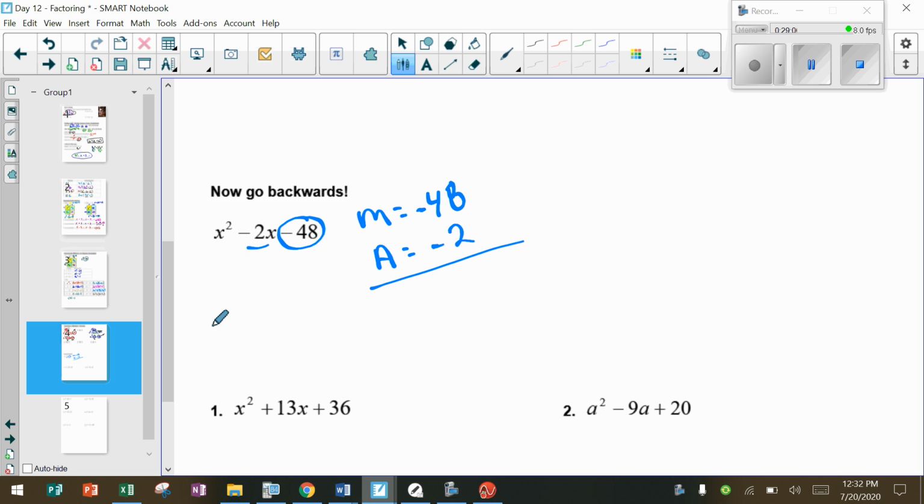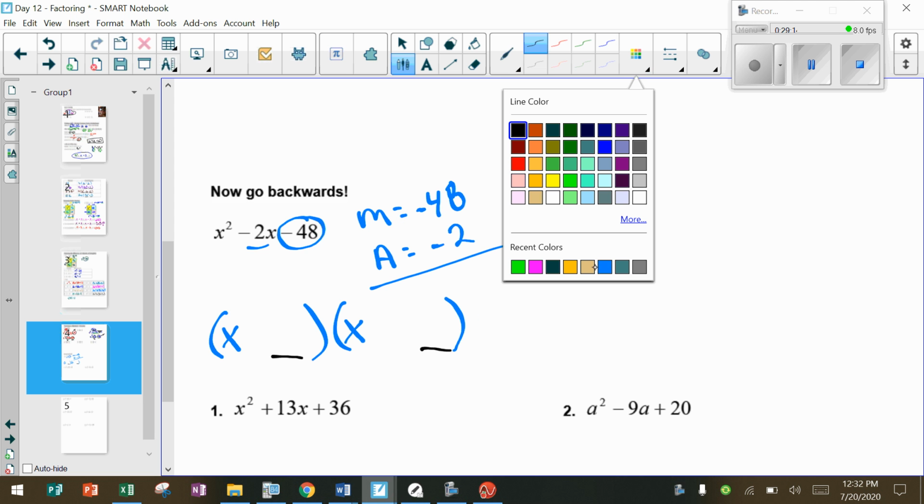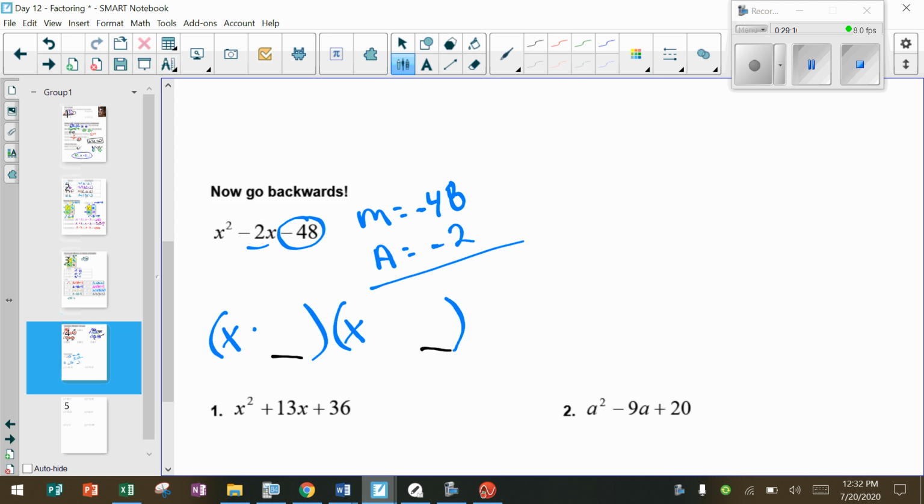That means I already know for the setup of my answer, x squared gets split in half, x and x. Because the two numbers that I'm looking for have to multiply to be a negative 48, I know that one of them's positive and one of them's negative. That's the only way I can have two numbers multiply to be a negative result, is if it's one plus and one minus, one of each.